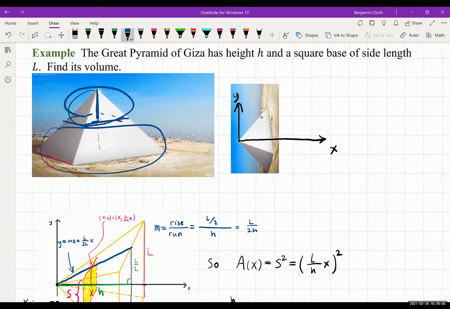But at a certain height, you would have just as much volume on the top as on the bottom. I challenge you to figure that out, although unfortunately I don't think I have time to do that right now. Maybe at the end of class, if we have time, I can answer that question. Or if this is all super easy for you, then I challenge you to figure that out in the meantime.